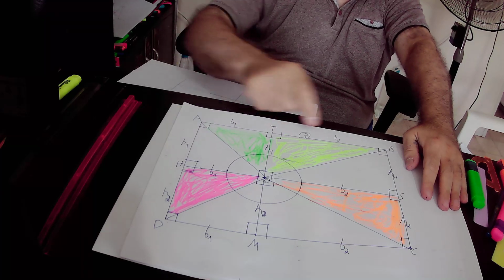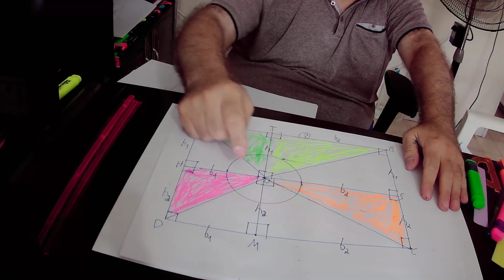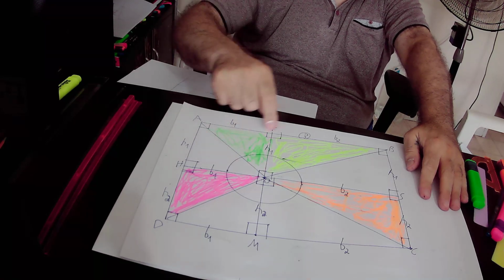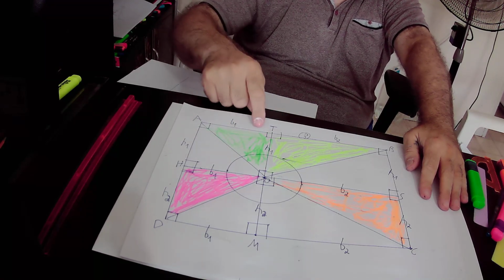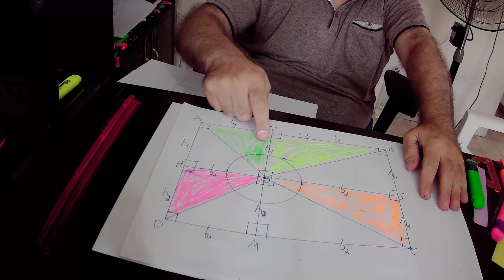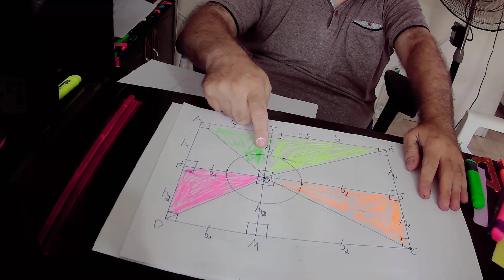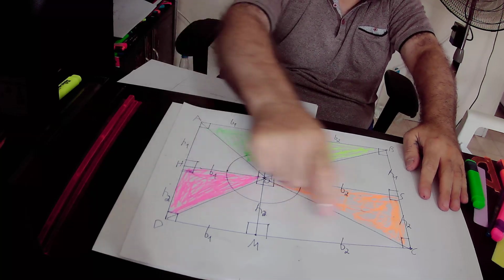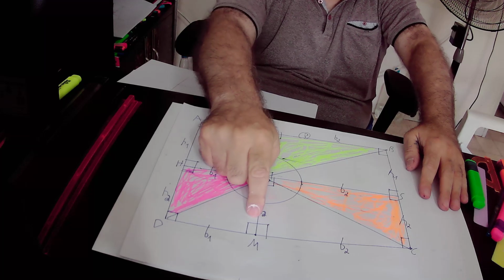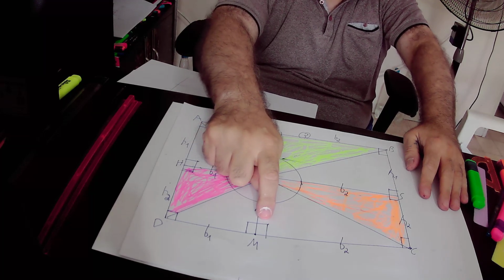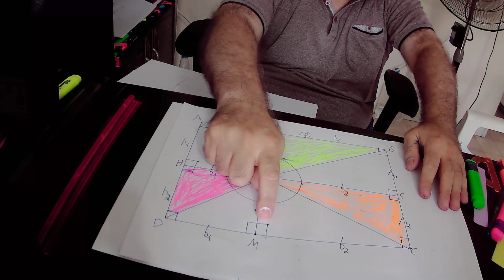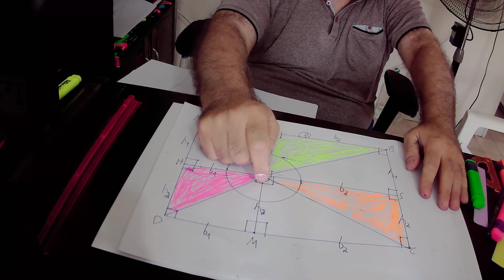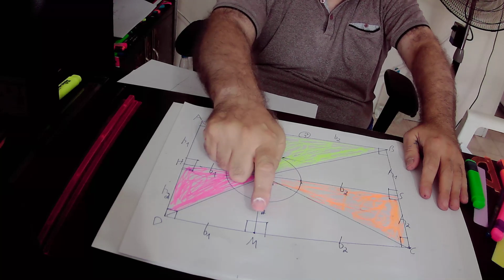And because AB is parallel to DC, if OT is perpendicular to AB, then the same perpendicular must also be perpendicular to DC. So this angle equals 90 degrees and this angle equals 90 degrees according to the rule that I mentioned and according to our construction. We define the touching point of the perpendicular from point O and DC as M.